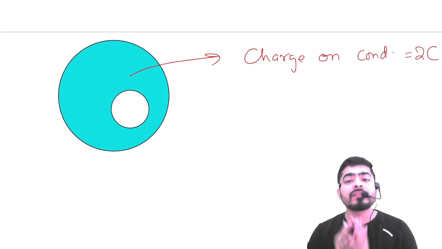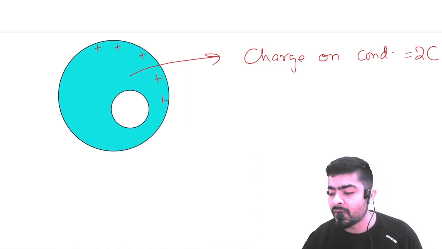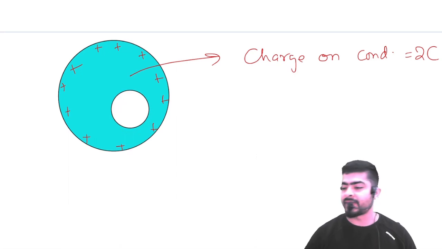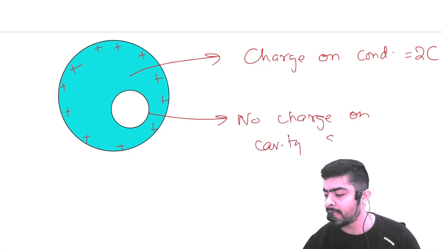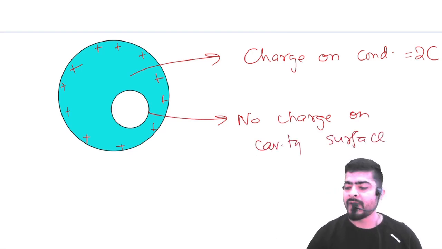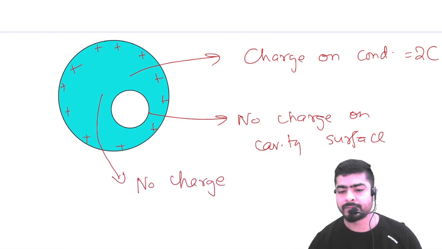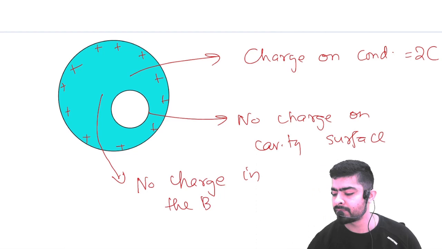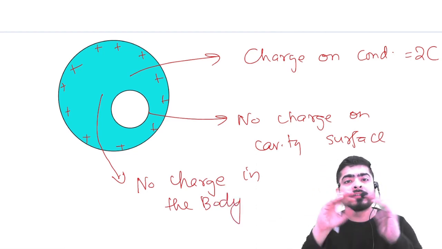So this 2 coulomb charge will be completely spread on the surface of the conductor. There is no charge on the cavity surface, and obviously no charge in the body. So the charge of a conductor lies completely on the outer surface.